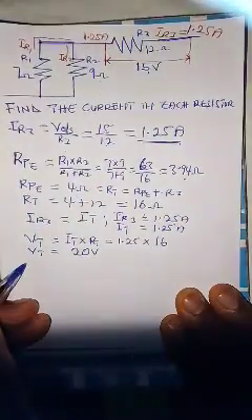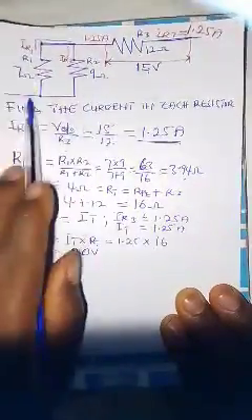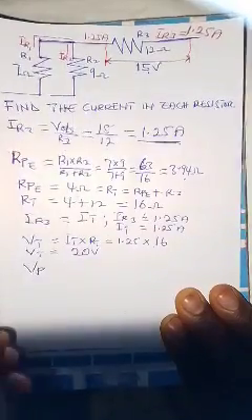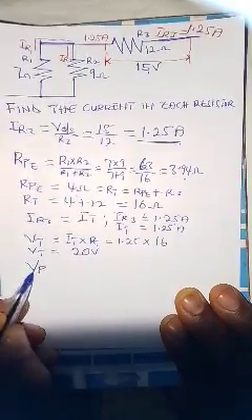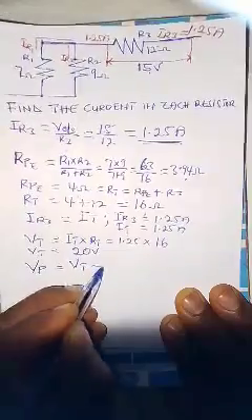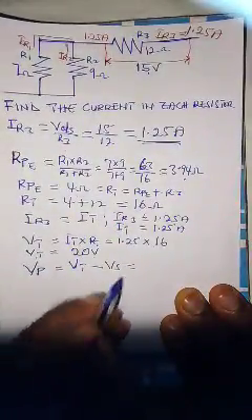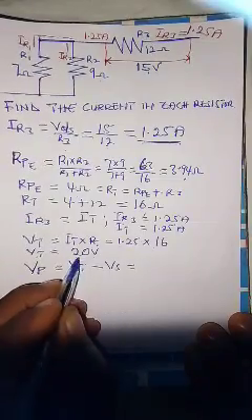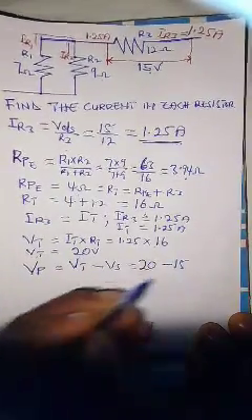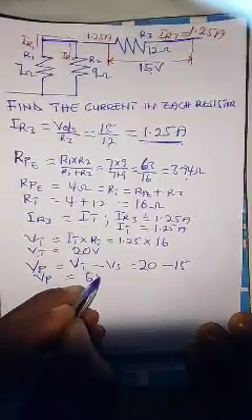So we'll say voltage across para, because we need to get the voltage across the parallel part before we divide by each resistor to get the current here and the current here. So voltage across para is total voltage minus the voltage across series, which is 20 minus 15. So the voltage across the parallel part will be 5 volts.